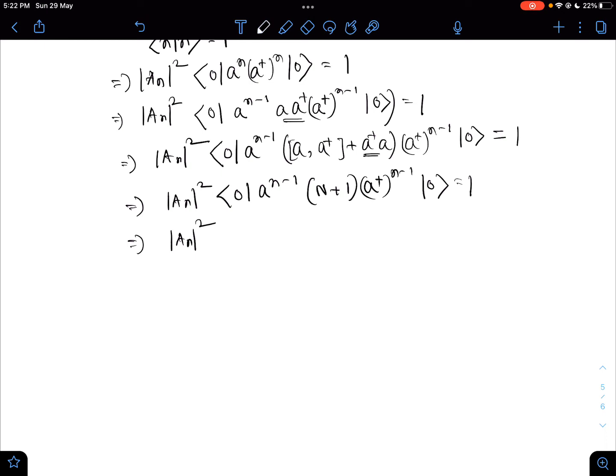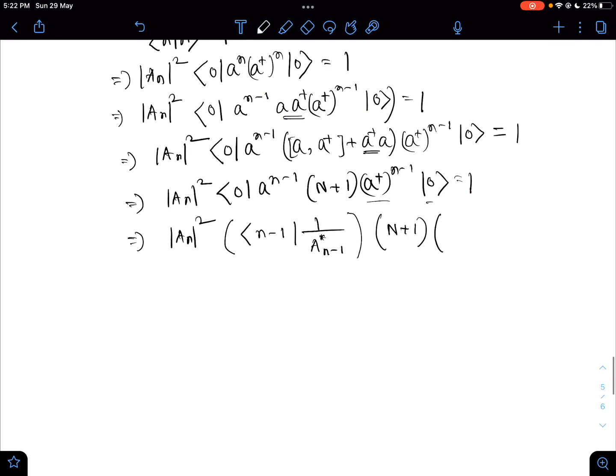So we have a term like this with n minus 1, and we have here the n plus 1 operator. Similarly, if this acts on |0>, what will it give? It will give us the factor with n minus 1.